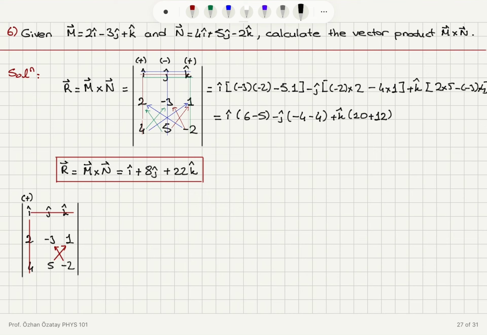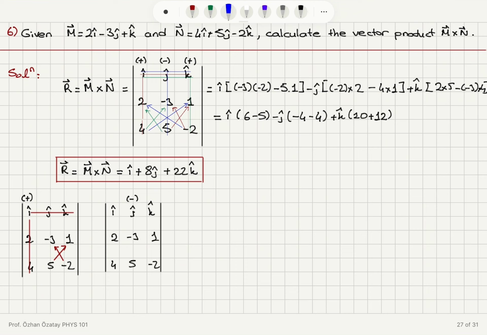Then I worked on minus j hat. So this is i hat, minus j hat, k hat, 2, minus 3, 1, 4, 5, minus 2.